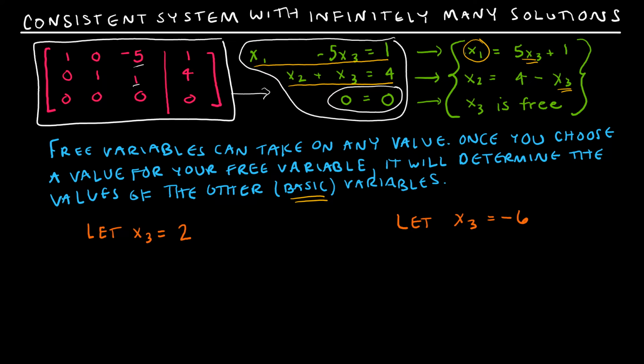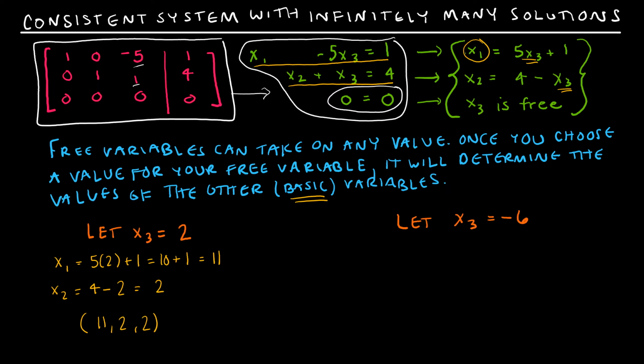If x3 was 2, then I would say x1 is 5 times 2 plus 1, which is 10 plus 1, which is 11. And x2 would be 4 minus x3, or 4 minus 2, which is 2. So one solution to my system is 11, 2, 2. x1, x2, x3.